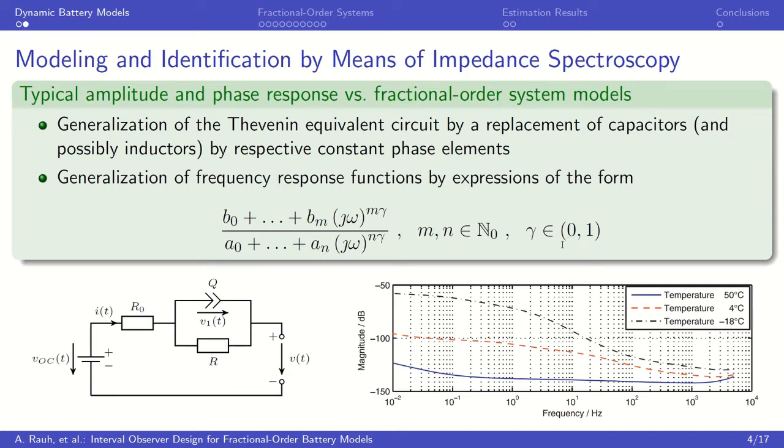In such a way, we can try to approximate the amplitude and phase responses that you can see here again on the slide, where R0 and R are typically either constant parameters or state of charge dependent characteristics. The same also holds here for the open circuit voltage, and Q is a generalization of a capacitor by means of a constant phase element with a corresponding fractional power gamma, where gamma, as I already mentioned, is taken from this open interval.